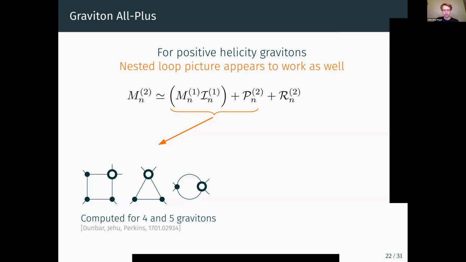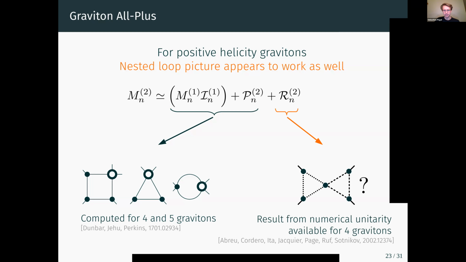So the natural extension would be, since we see that there is a method based on these scalar amplitudes, whether we can transfer that also to the gravity case. Here, unfortunately, there aren't as many results available to check against, but fortunately, at least for the 4 graviton amplitude, there's a result available from numerical unitarity, which was published earlier this year.